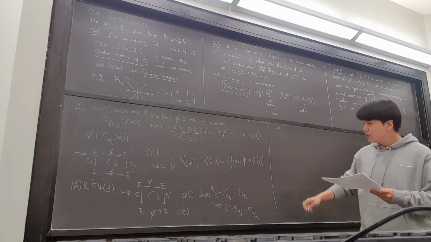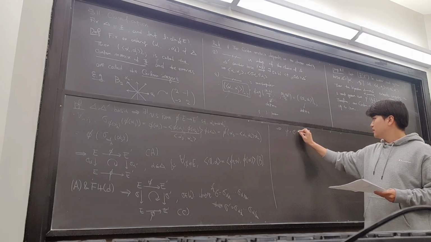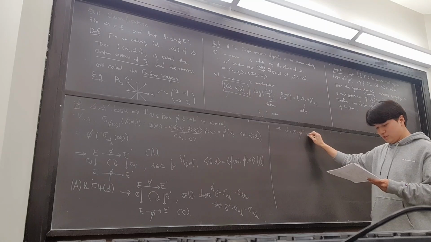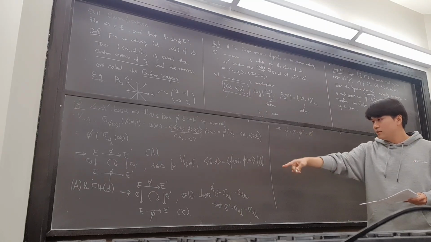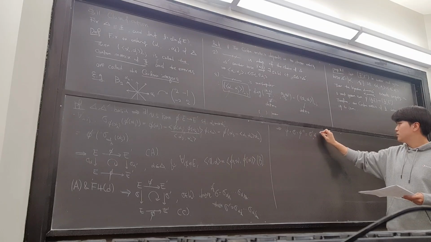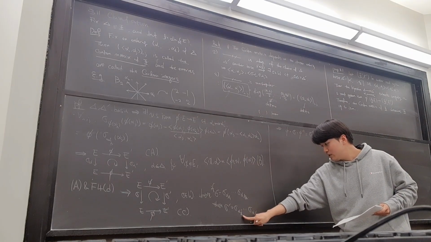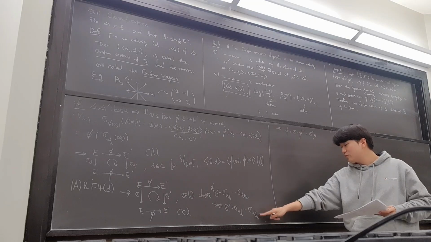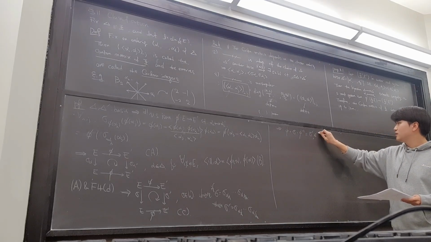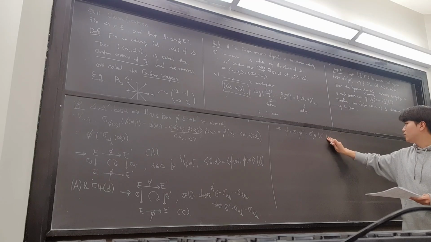From C, you can get this equation: π σ π^{-1} is equal to σ'. This is because σ' is σ_{α_{t1}}' to σ_{α_{tk}}', so σ' is in the Weyl group of Φ'. I want to correct that.